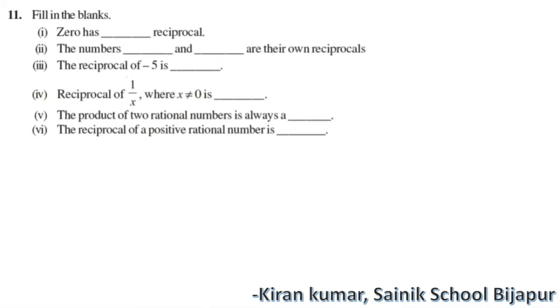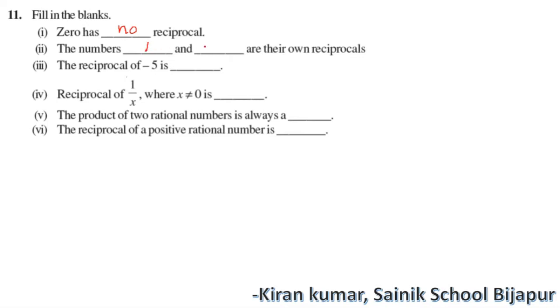Question 11 is to fill in the blanks. First one, 0 has dash reciprocal. It has got no reciprocal because 1 by 0 is not defined. The numbers dash and dash are their own reciprocals.